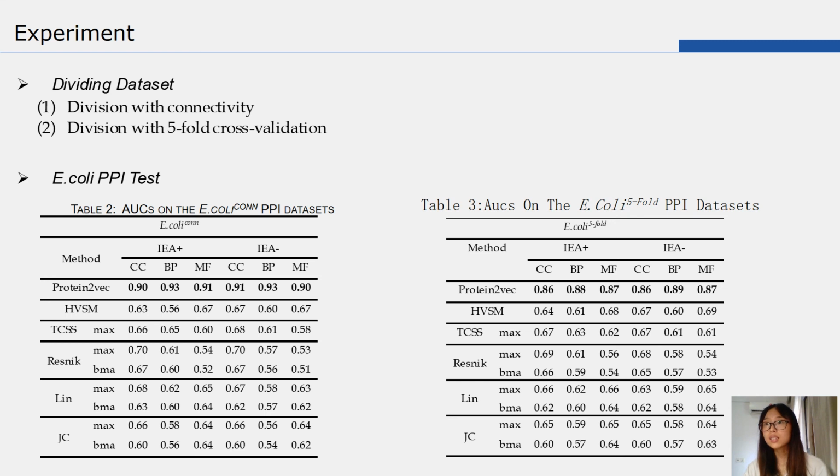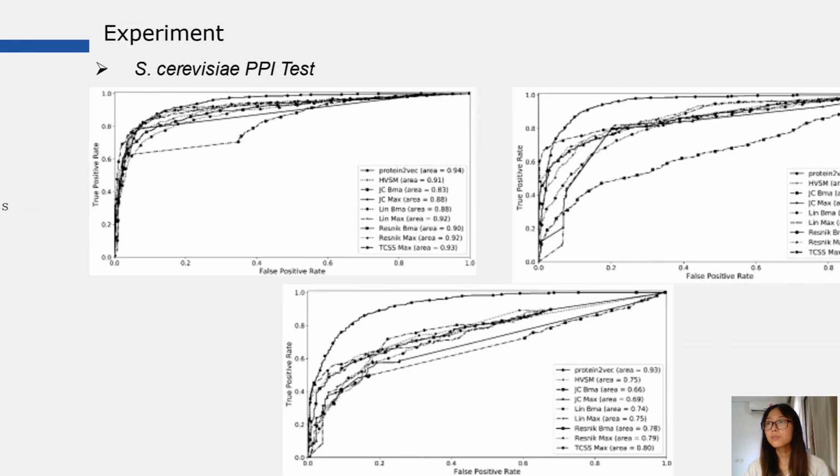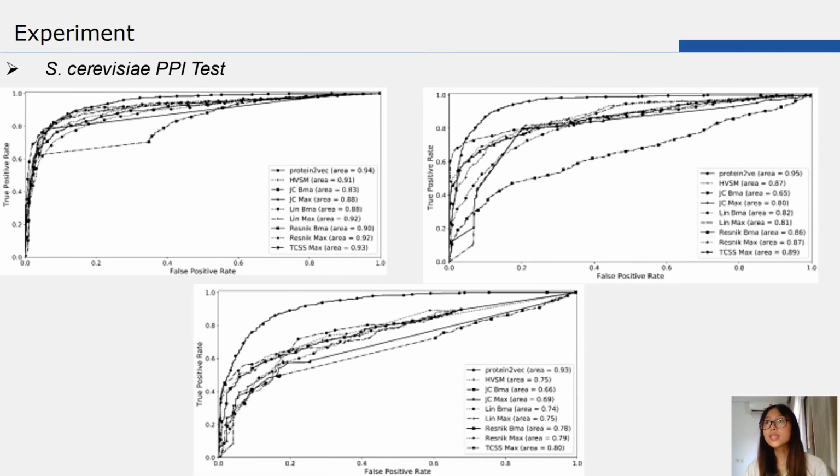Protein2vec is significantly better than other semantic similarity methods on those 2 datasets in the AUC scores. We test all 6 methods on the S. cerevisiae datasets. It's clear that protein2vec gives the best performance on both these datasets for BP and MF ontologies.